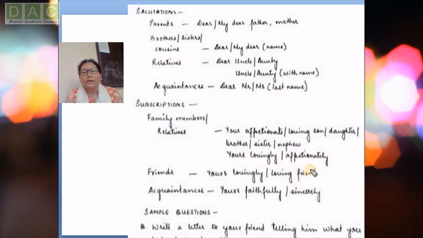Now, there is some difference: when we write affectionate, it will be your, and affectionately, it will be yours always. If we are writing to friends, it will be yours lovingly or yours loving friend. If we are writing to acquaintances, we write yours faithfully or yours sincerely.